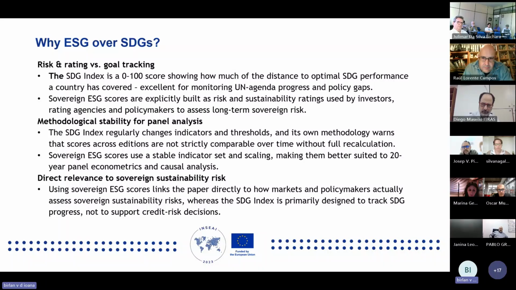They are amazing for monitoring UN agenda progress and policy gaps. However, the ESG scores are built specifically for risk and sustainability, and they have another advantage: they are a stable indicator set, which makes them really suitable for a 20-year panel econometric and causal analysis like we had.